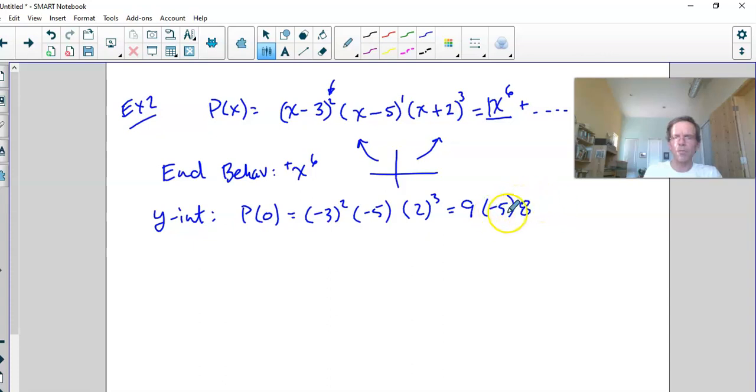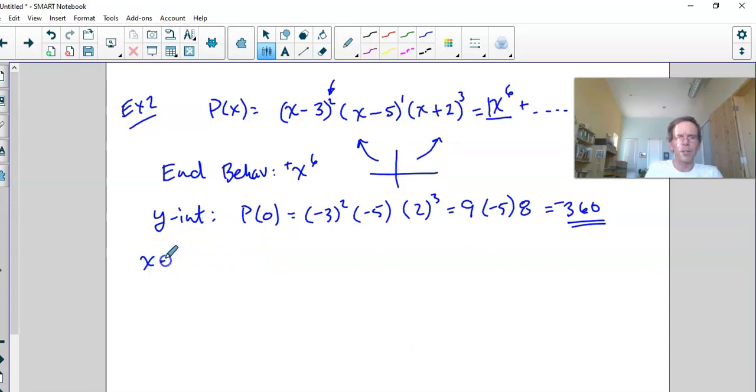So that's 40 times 9, which is 360, and it's negative because there's one negative. I hope I multiplied that right in my head. 40 times 9, yes, 360.